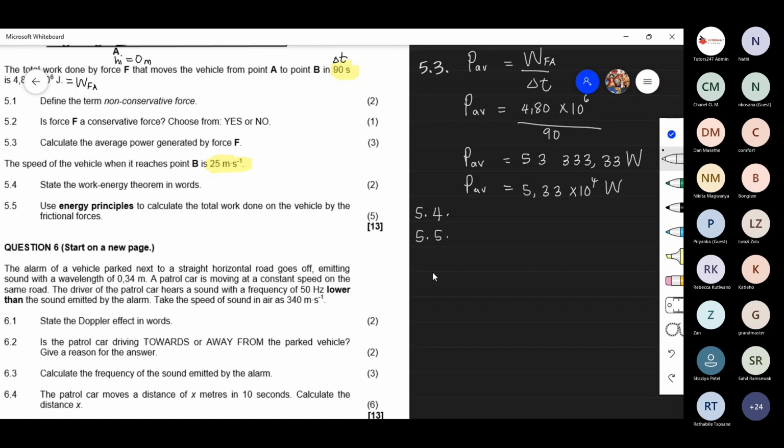But you can only use the conservation of mechanical energy formula, which is initial mechanical energy equals final mechanical energy, if friction is 0. So if the system is frictionless, or if they state it is free from external forces, or if they state it is conserved, or if there's any indication that friction is 0, then you can use your initial mechanical energy equals final mechanical energy.